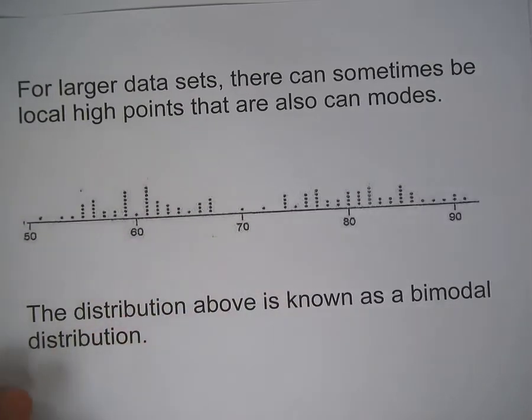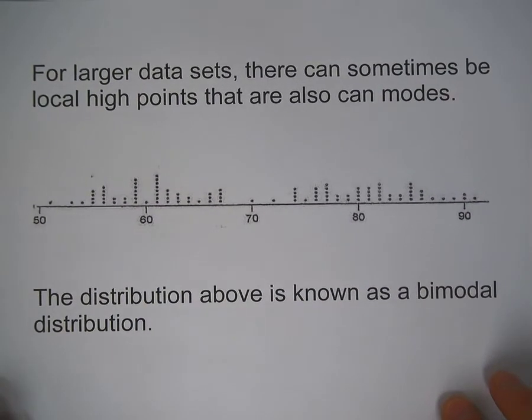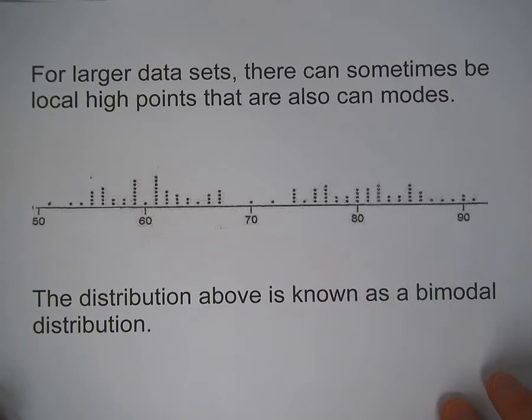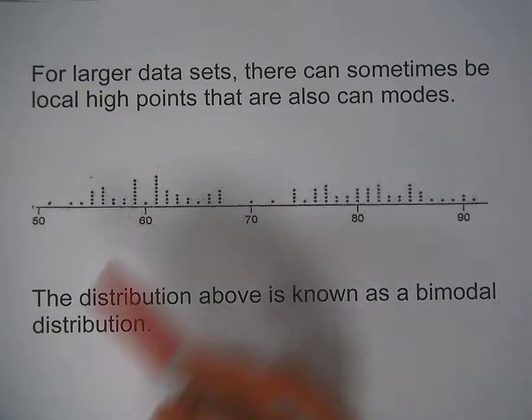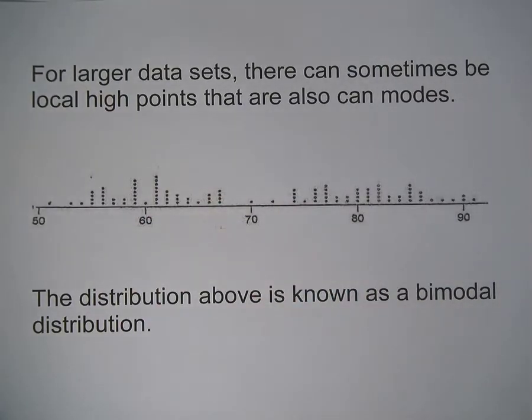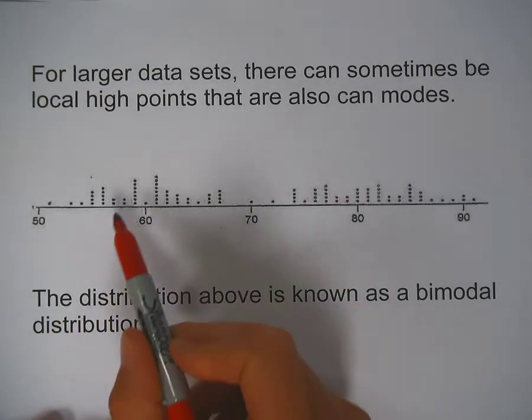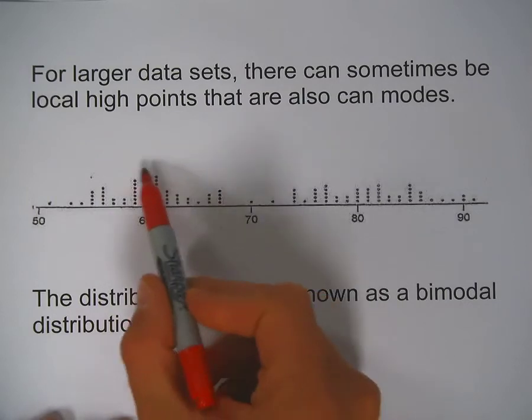Okay, the last thing we'll look at here is that sometimes, for larger data sets, there can be local high points that are also called modes. So instead of having one number represent a mode, if you're looking at a distribution like this, you might have a mode in this range.